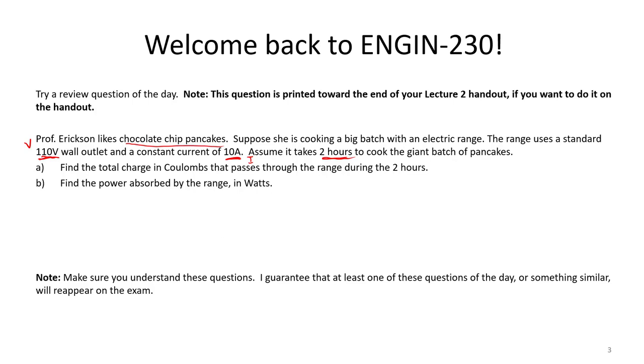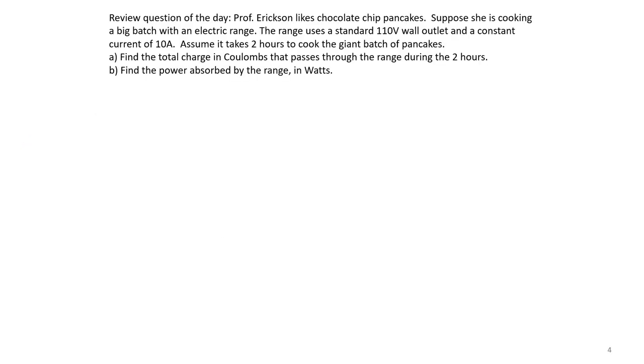Okay, let's talk through how we would approach this. Let's start with part A. Notice we are given that we have a current of 10 amps, so current I is 10 amps, and we also know that our voltage V is 110 volts, and our time T is 2 hours.